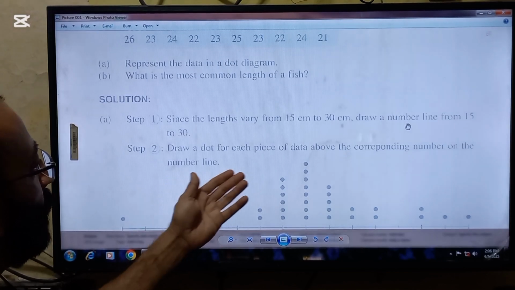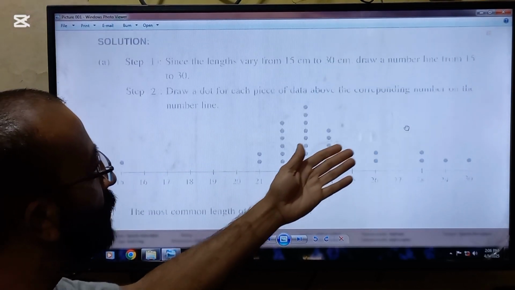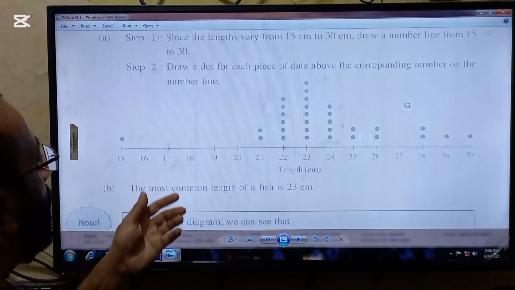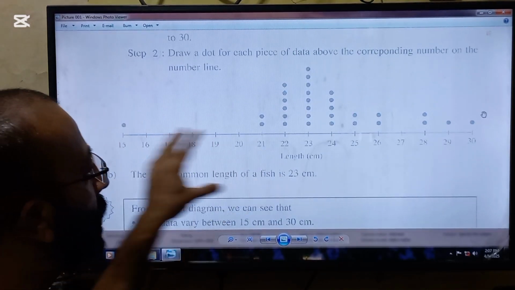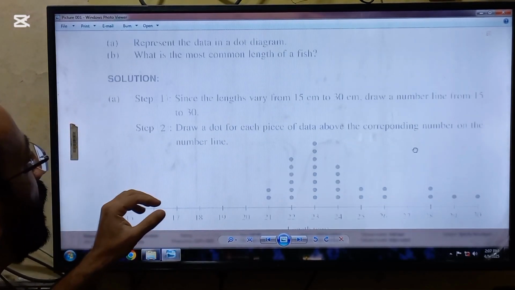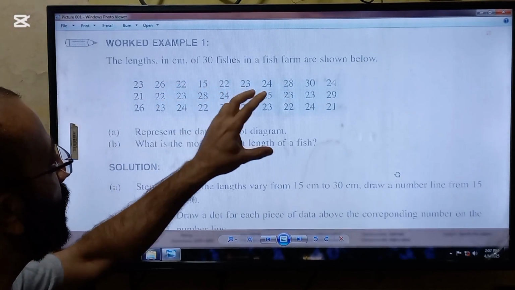Draw a dot for each piece of the data above the corresponding value on the number line. So 15 to 30 are indicated on the number line, and now we will count from this data.